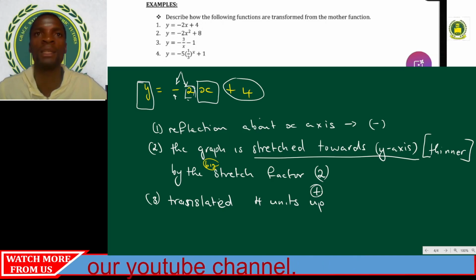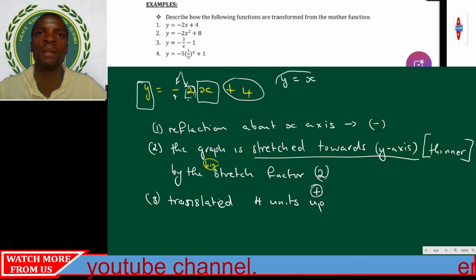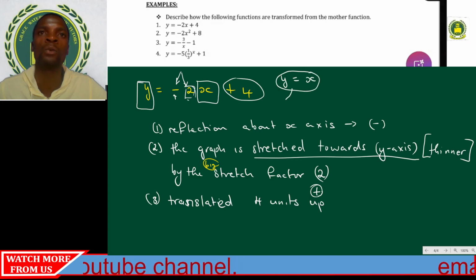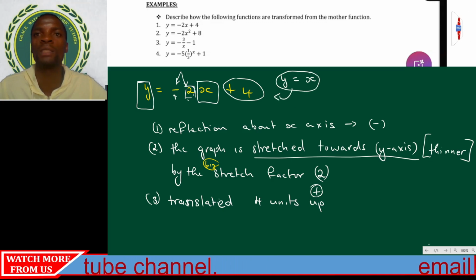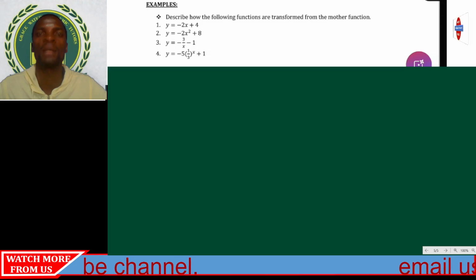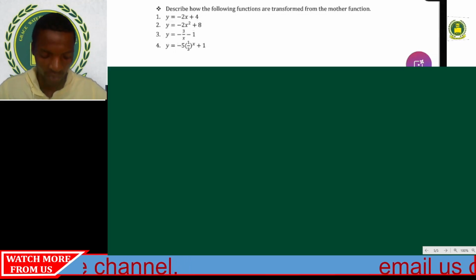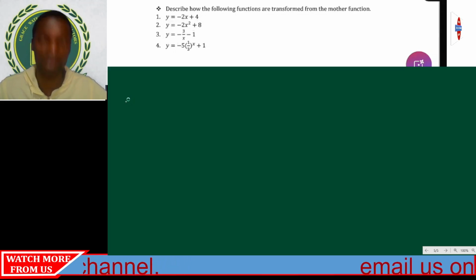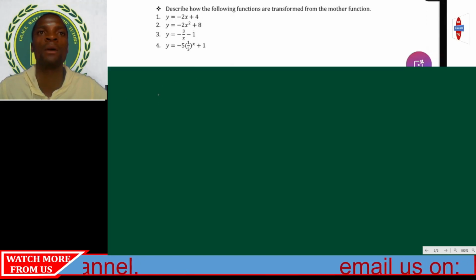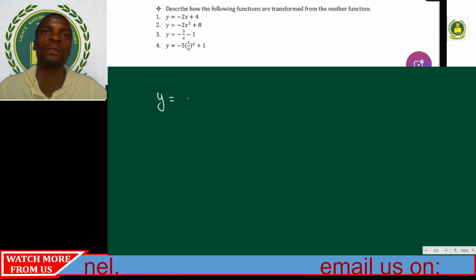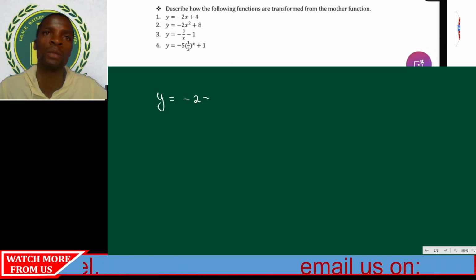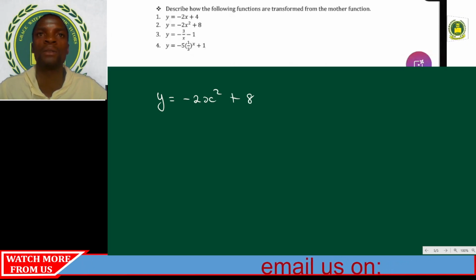Let's say here we have y = x, which is the mother graph, to this function. Let's consider the next question, which says describe the transformation of y = -2x squared + 8. Don't worry about it, you have to consider your mother graph.